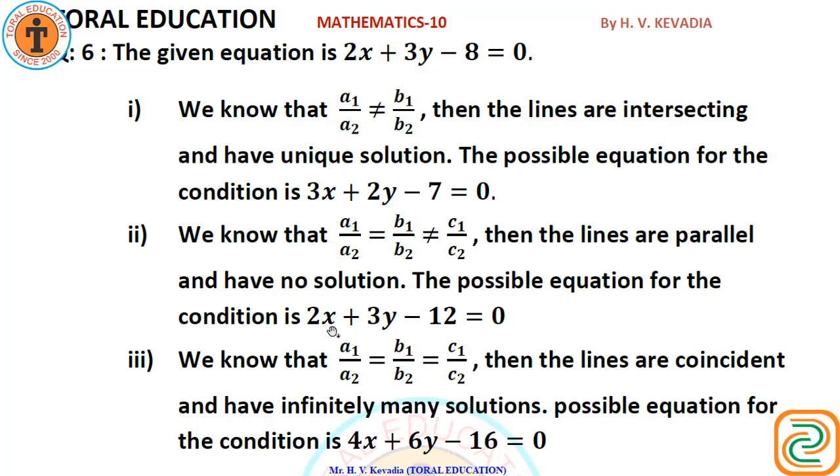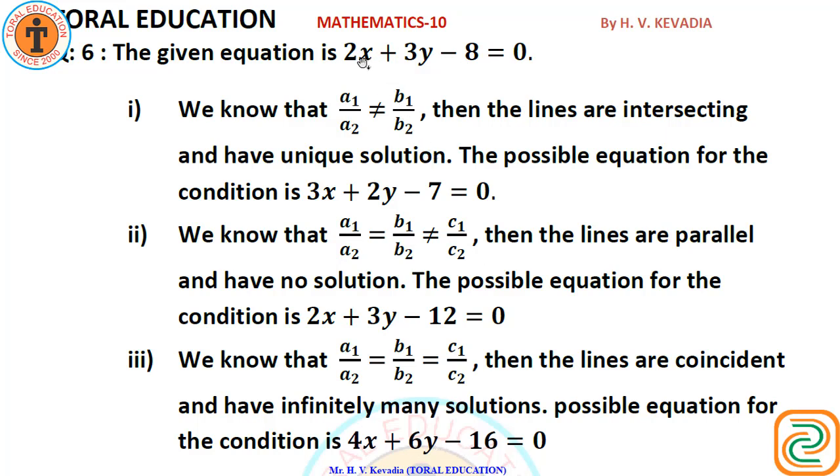And third condition, coincident lines. Coincident lines means a1 upon a2 equals b1 upon b2 equals c1 upon c2 must be there. So we have to write 2x plus 3y minus 8, the same equation, 4x plus 6y minus 16.